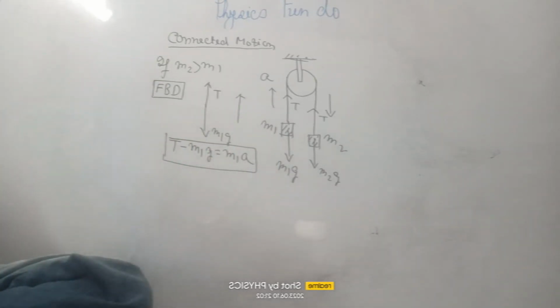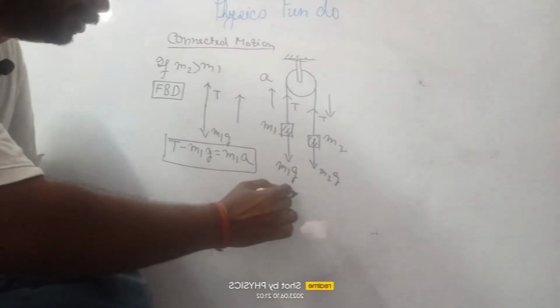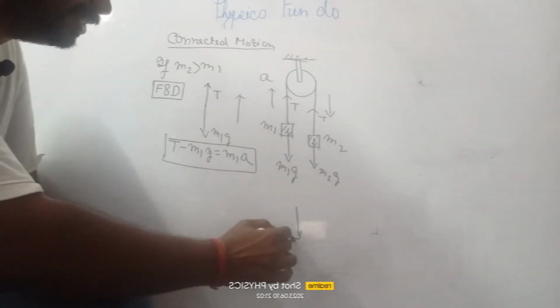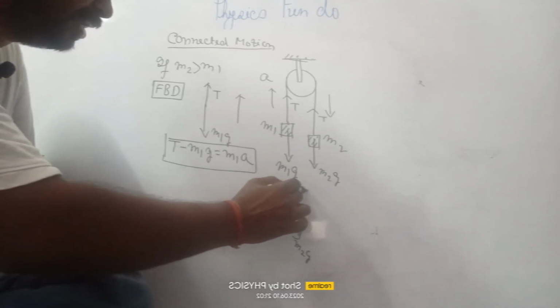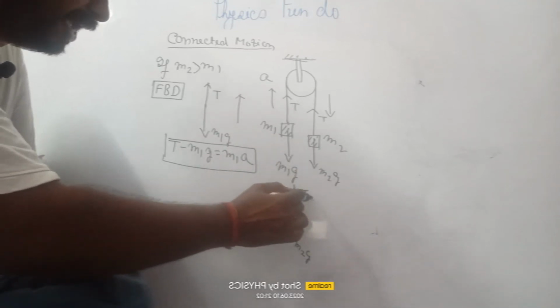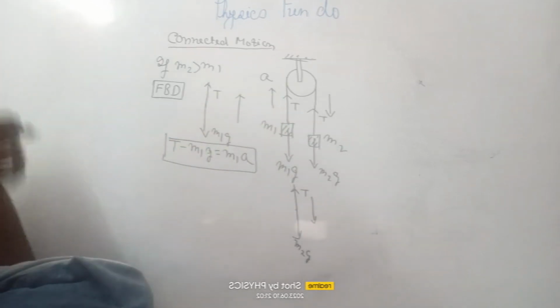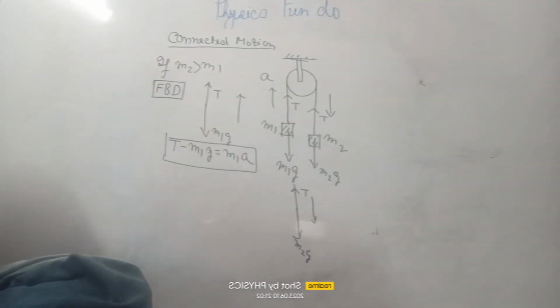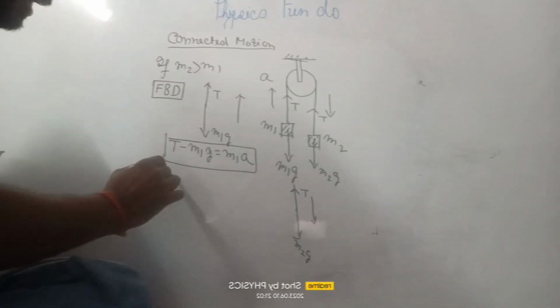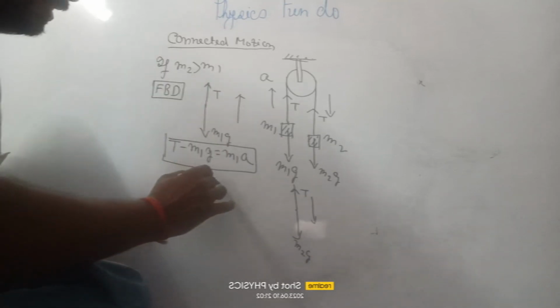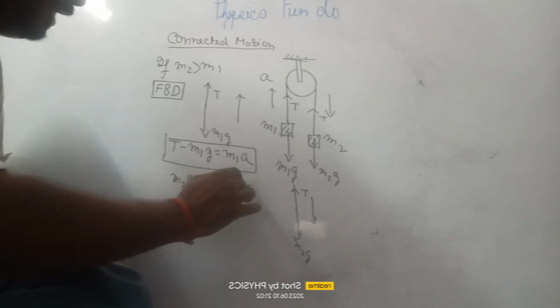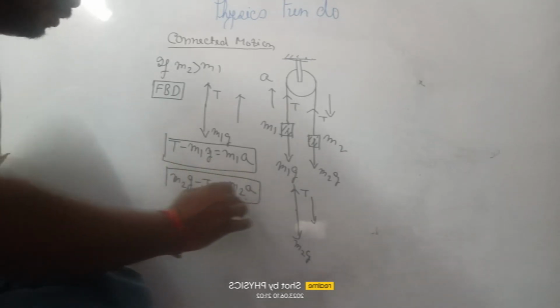Now for the second block, free body diagram: m2g and the tension acting in the upward direction, and the body is coming in the downward direction. As the body is coming downward, we have m2g greater than T, that is m2g minus T is the resultant force, equal to m2a. That is the second equation.